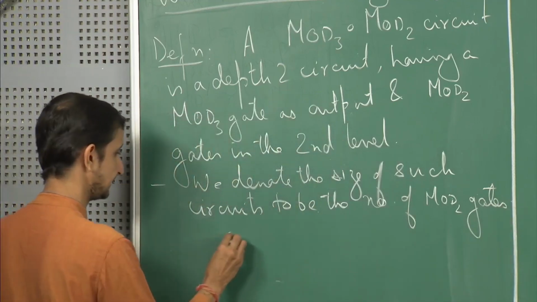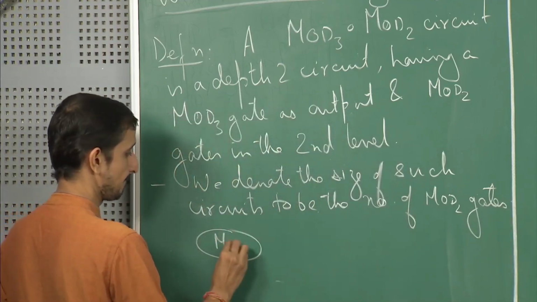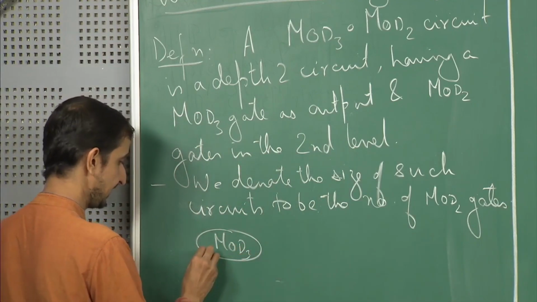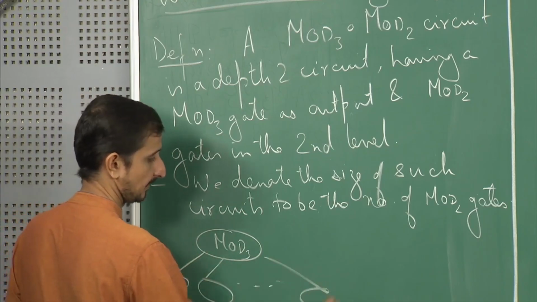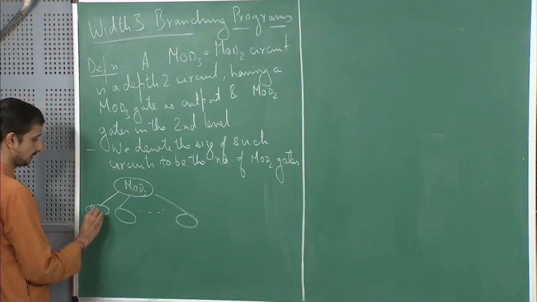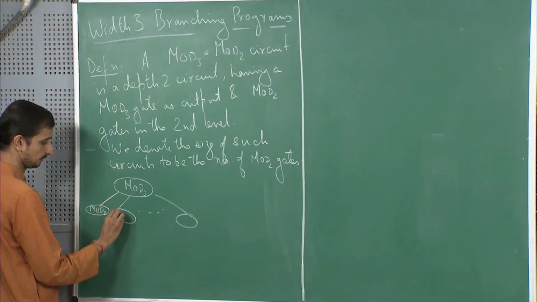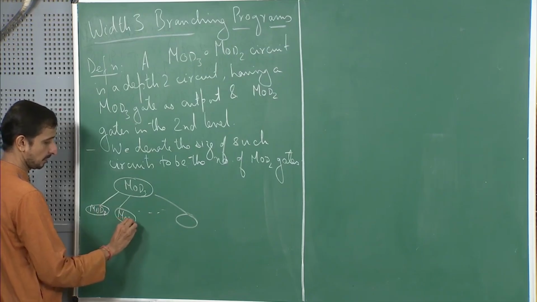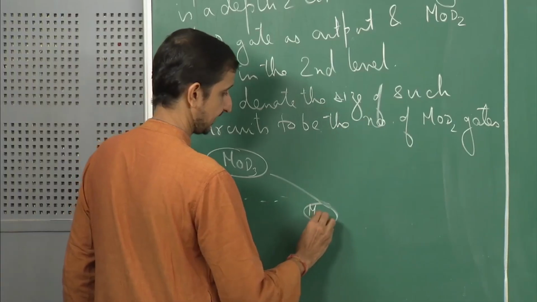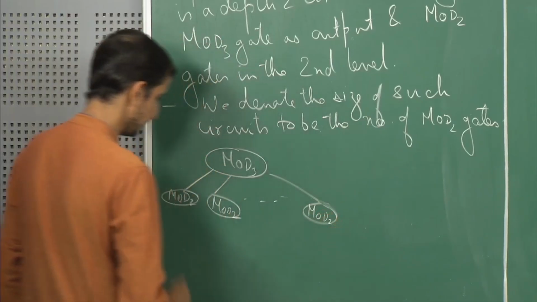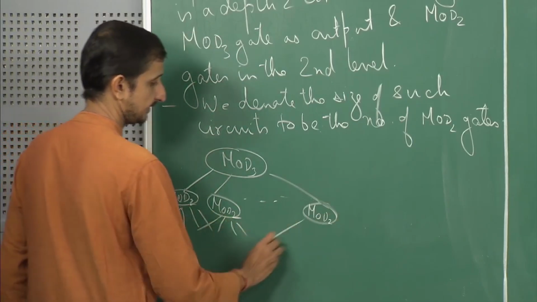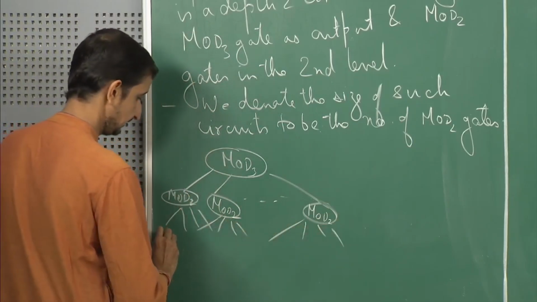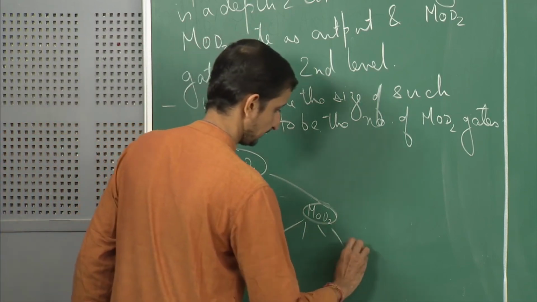Essentially it looks like this. We have a mod 3 gate and there are several mod 2 gates that feed into it, and this is the input.